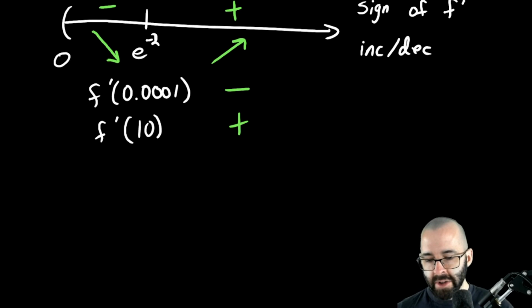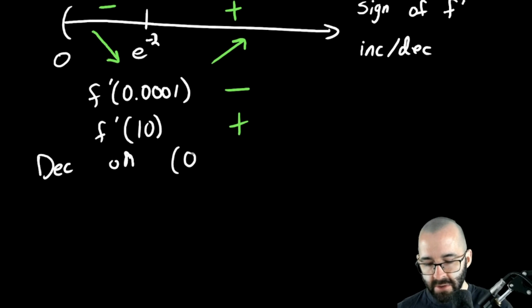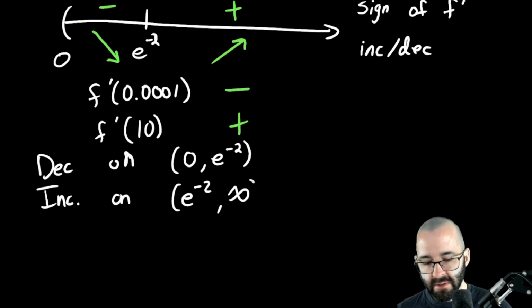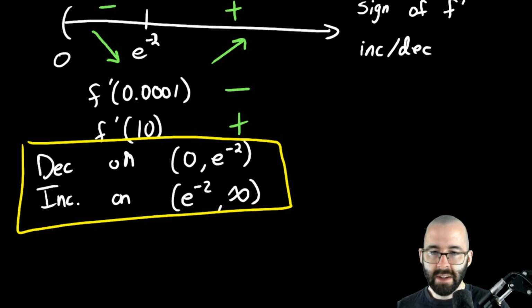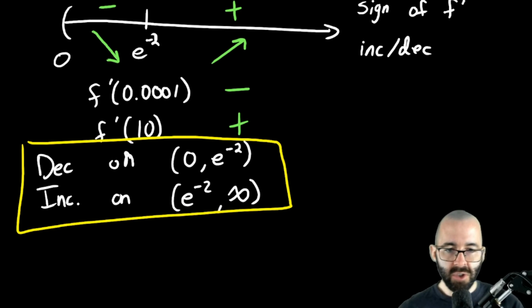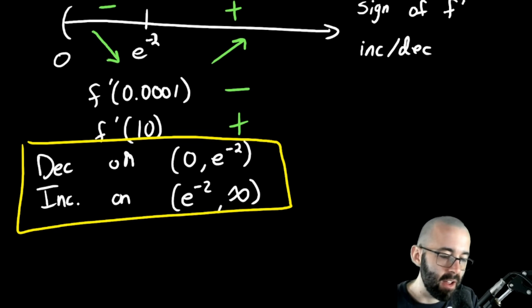So we know that our function is decreasing on the interval from 0 to e to the negative 2, and it's increasing on the interval e to the negative 2 to positive infinity. And again, it's okay if you want to use a decimal approximation for e to the negative 2, unless I specify one way or the other.